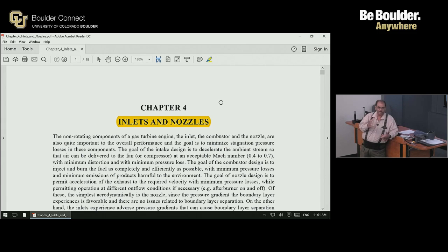So there is a very small distortion that can make the blades touch the casing.